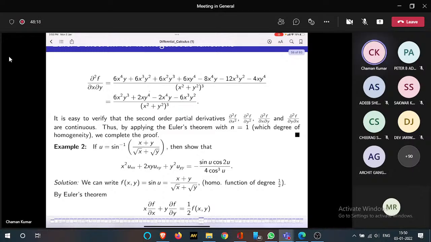But it's better to use the properties of continuous functions. If you have two continuous functions, then the sum is continuous, the product is continuous, and the division of two continuous functions is continuous. All those properties you can use here.